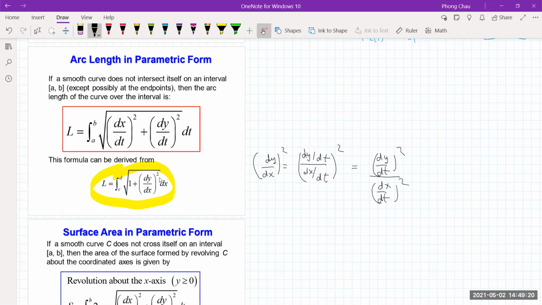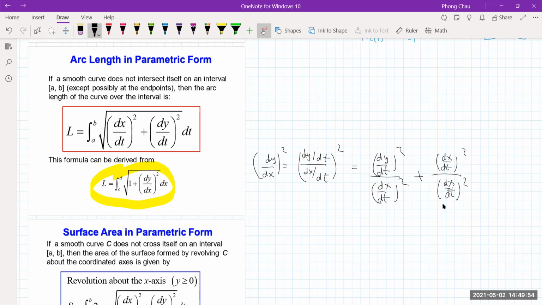Okay, now notice that we add 1, right? We add 1. So what's inside is, let's say we add 1, and to convert to common fractions, common denominators, and think of 1 as (dx/dt) squared over (dx/dt) squared.